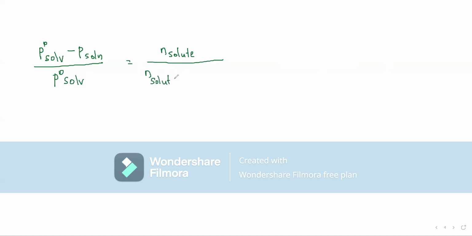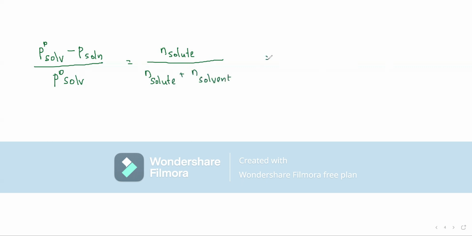Once again, P naught of solvent minus P of solution by P naught of solvent, that is the relative lowering of vapor pressure, is equal to N of solute by N of solute plus N of solvent.